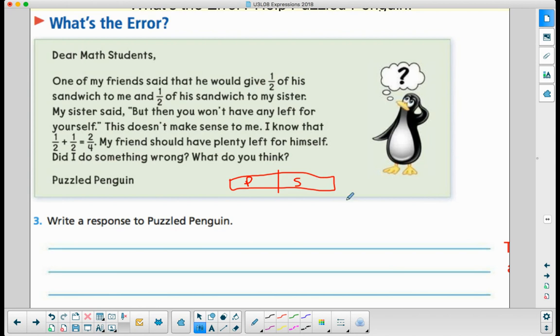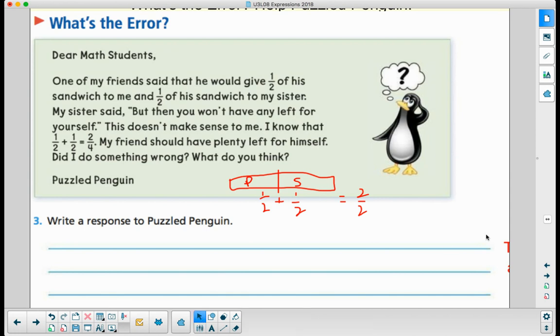Half plus a half shouldn't be 2/4. A half plus another half equals the whole thing, which would be 2/2. I see. Puzzle Penguin changed his denominator.